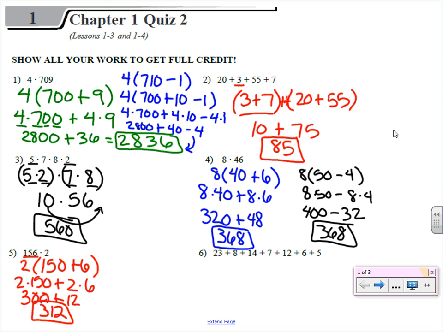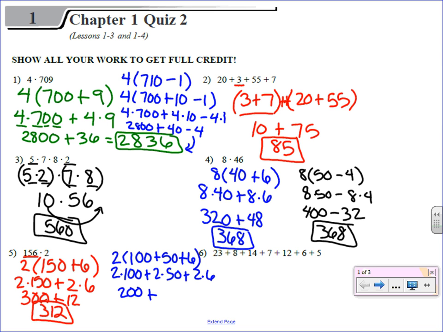You could also break it up into 3 numbers in the parentheses. You could say 2 times 100 plus 50 plus 6. So breaking it up into each hundreds, tens, and ones. Then you'd have 2 times 100 plus 2 times 50 plus 2 times 6. 2 times 100 would be 200.